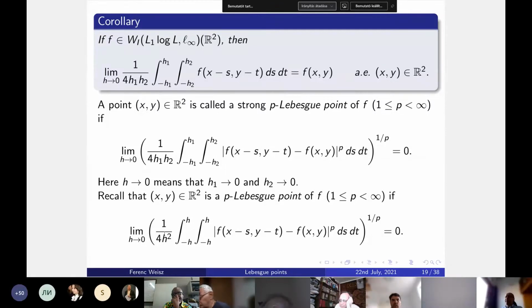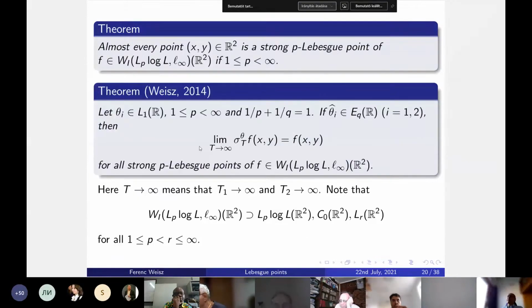Here you can see again the definition of the Lebesgue point. So here we integrate over cubes, and here in the new definition we integrate over rectangles. Almost every point is a strong Lebesgue point if f is in the iterated space L^p log L infinity, p greater than or equal to 1.